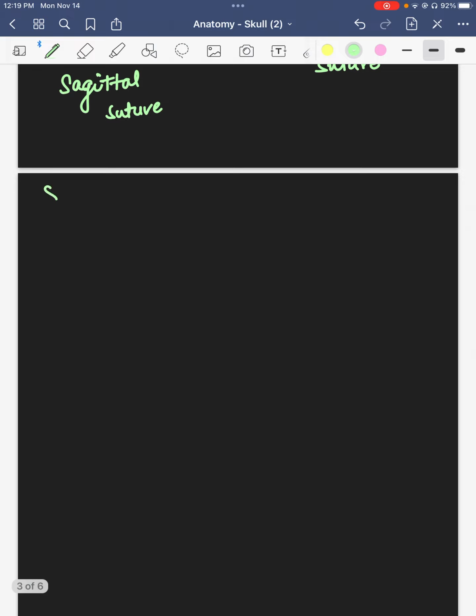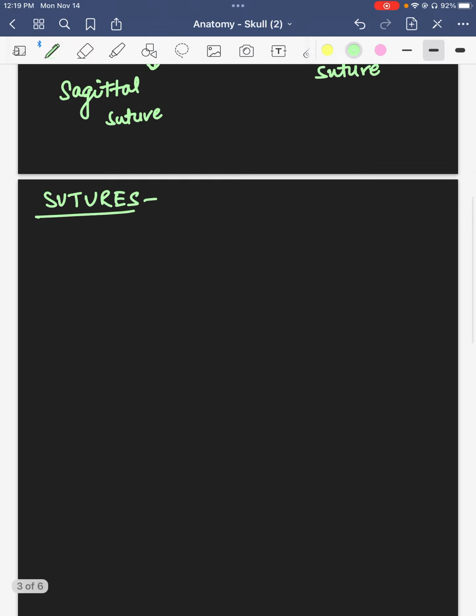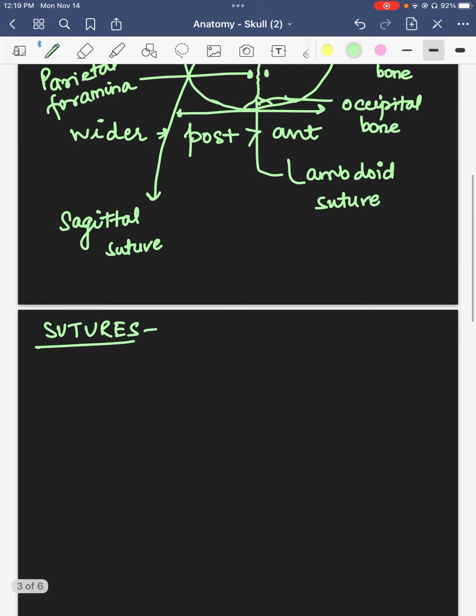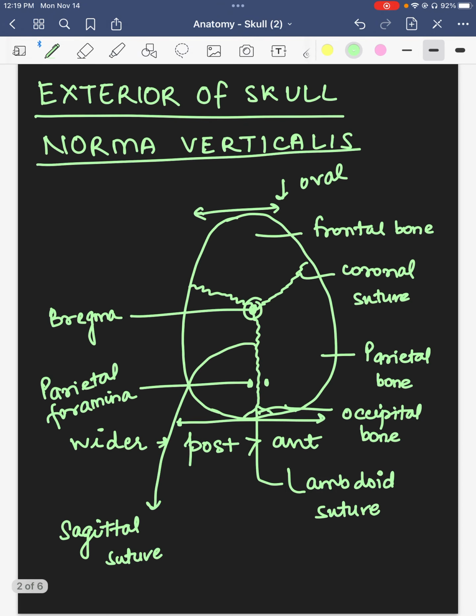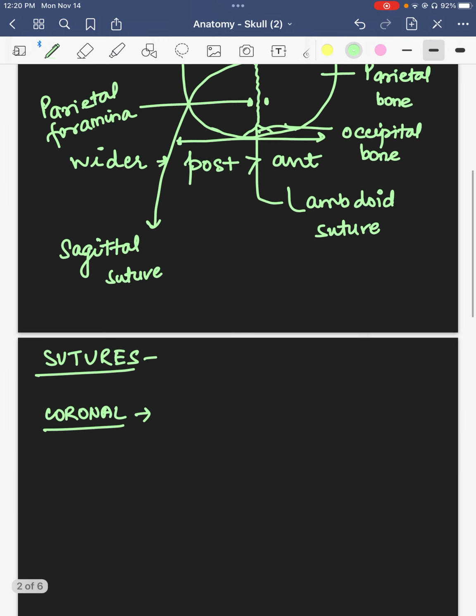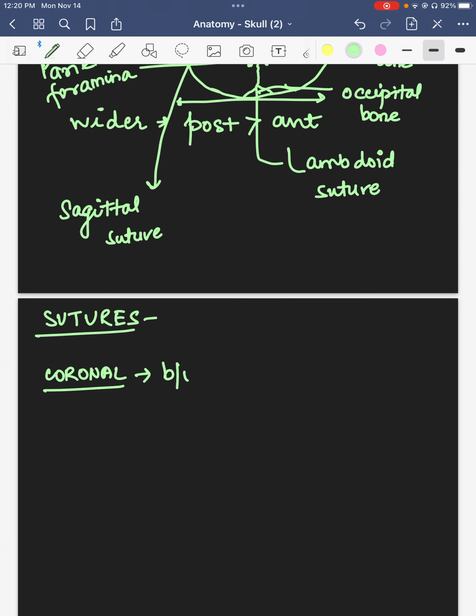First of all, let's talk about sutures. The very first suture that I told you was the coronal suture. These two are coronal sutures. They are present between the frontal and two parietal bones.